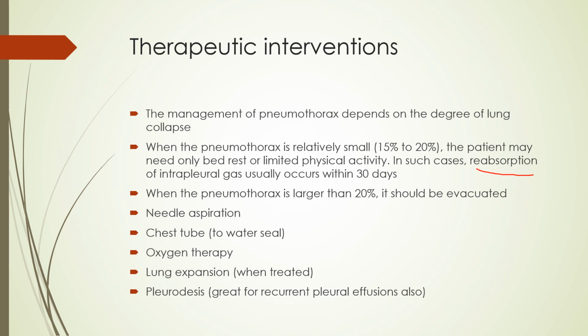Then when we have a pneumothorax greater than 20%, these are numbers I would hope you remember. A pneumothorax greater than 20% should be treated. Now, how do we treat it? Well, we can do a needle aspiration. Usually it's a large bore needle, like an 18 gauge or something like that. Second rib, midclavicular area.